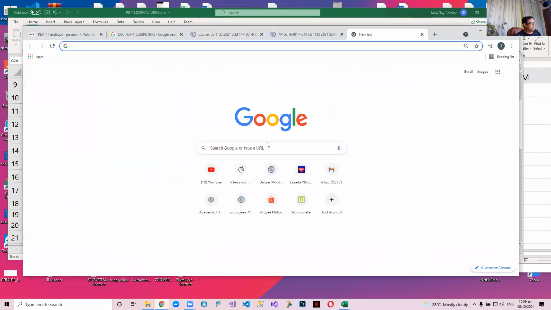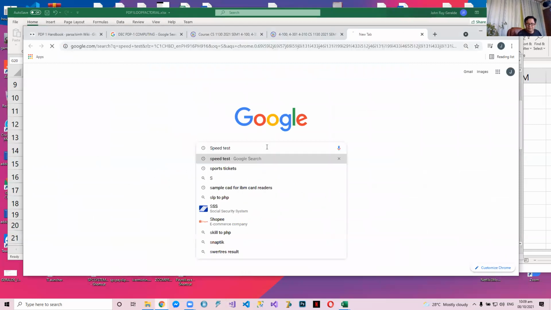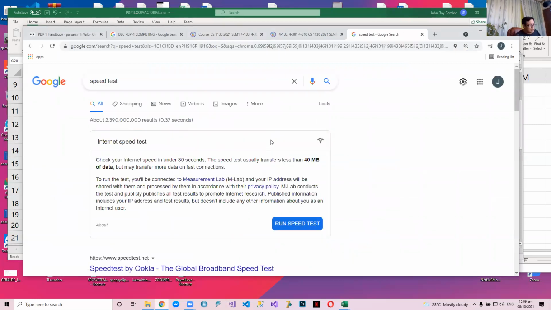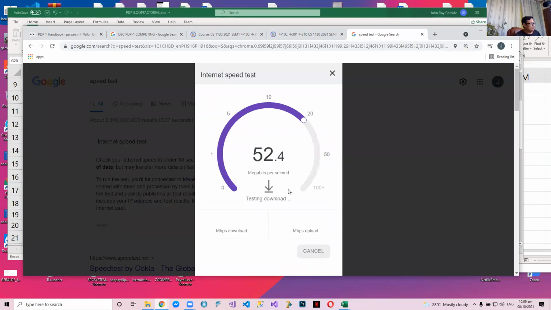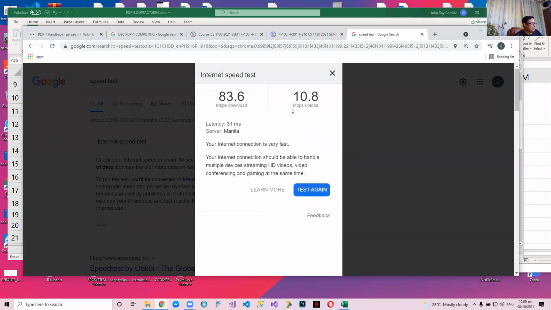Speed test. I'm not cut off. It's even faster. How can it be unstable when it's faster? Now my upload speed is slow, but it's okay. I used to have 15.